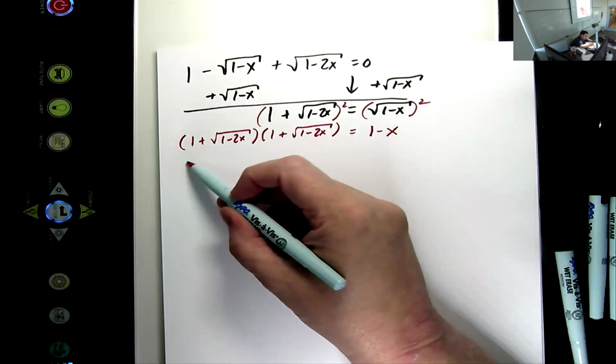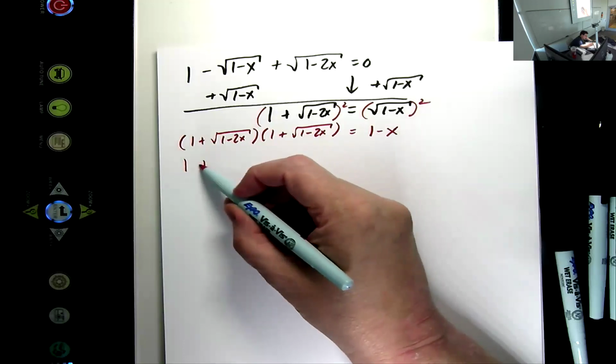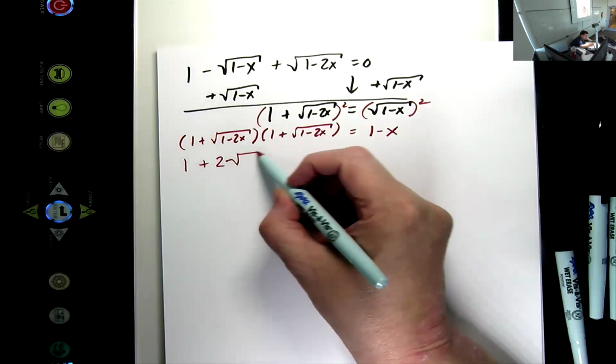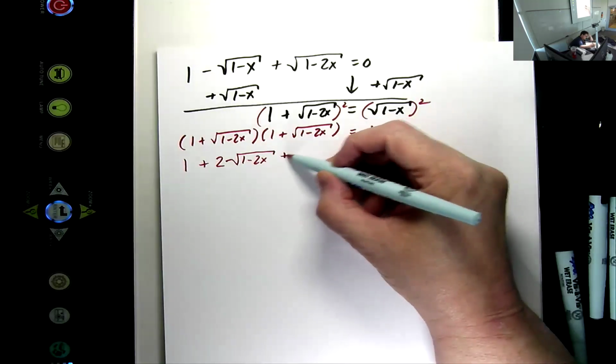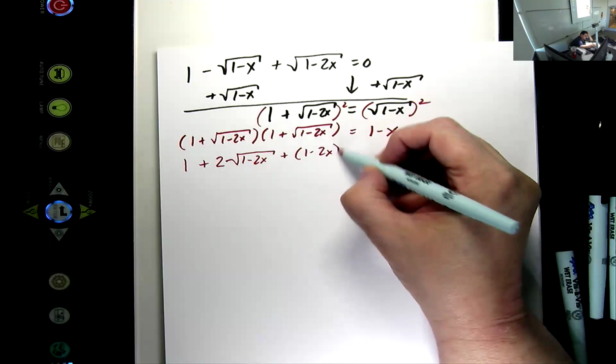So if I distribute over here, I get 1, and I have plus 2 times the square root of 1 minus 2x, and then I have plus 1 minus 2x.